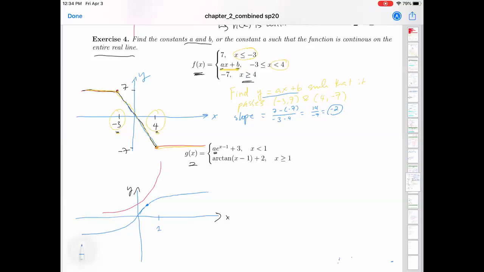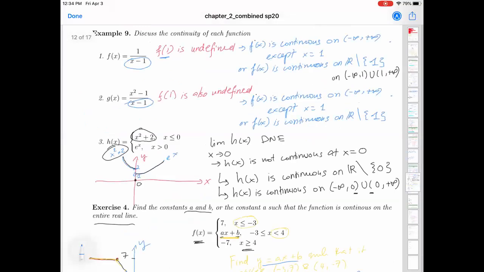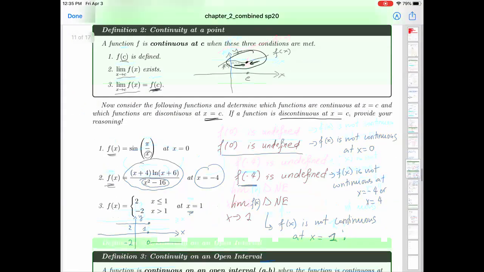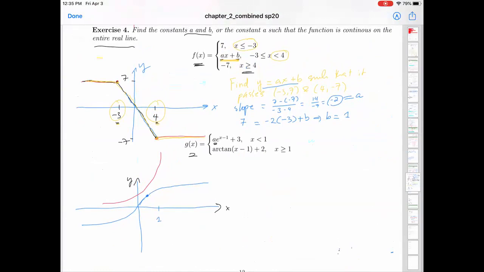So I pick the first point, I have 7 equals negative 2 times negative 3 plus b. That means b equals 1. And negative 2 here is actually a. So a equals negative 2 and b equals 1 is my answer.